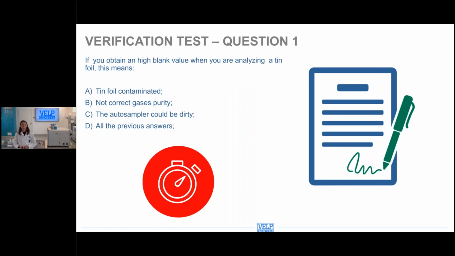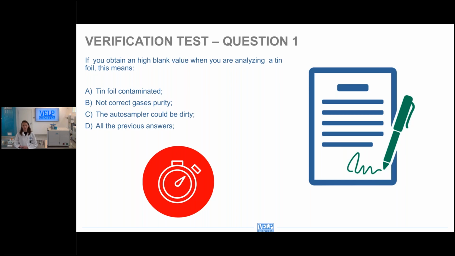So question number 1. If you obtain a high blank value when you are analyzing a tin foil, it means an empty tin foil. This means answer number A, tin foil is contaminated. Answer number B, not correct gaseous purity. Answer number C, the autosampler could be dirty. And answer number D, all the previous answers.